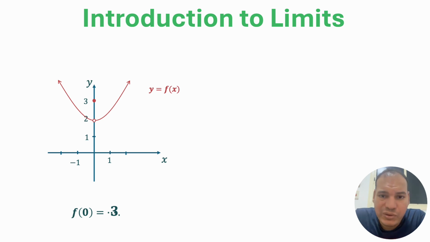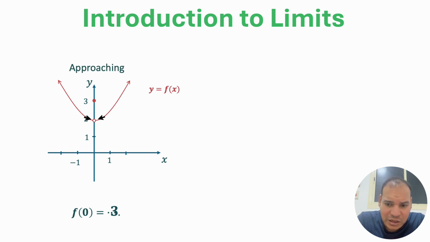Alright, great. What about limits? What if we need to find the limit of the function at x equals 0, at the same point? We need to approach the value of the function from both sides, for example like this and like this. We see that the function is getting closer to another value, which is 2.